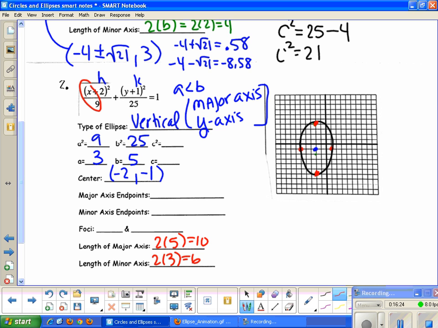So those major axis endpoints are at -2, 4, and -2, -6. The minor axis endpoints would be at -5, -1, and 1, -1, so you can just look at your graph. And remember that the major axis endpoints are also called the vertices.